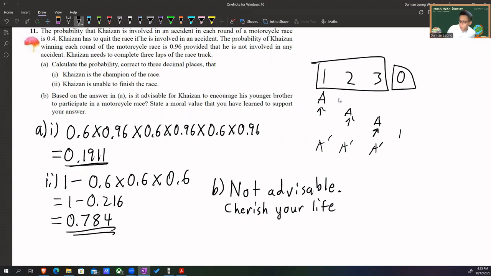Or you can say we have to understand the risks of what we are doing. So it's a bit subjective, this answer, but basically it just needs to make sense. So yeah, that is for chapter 9 of Form 4.